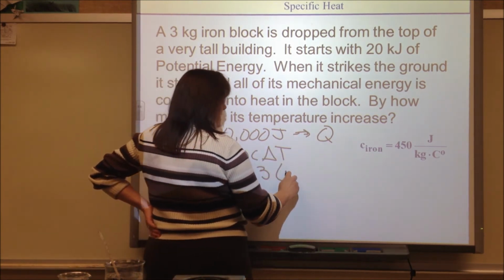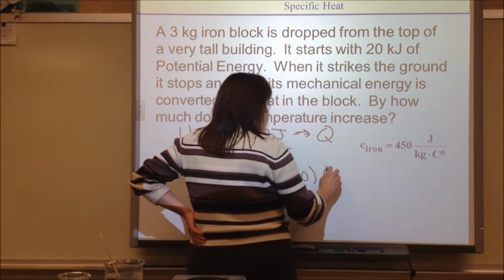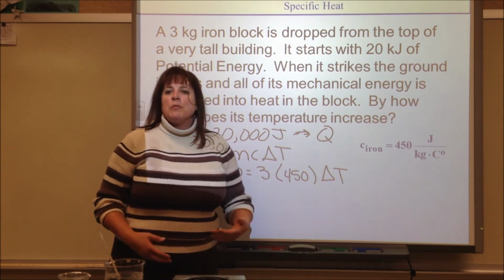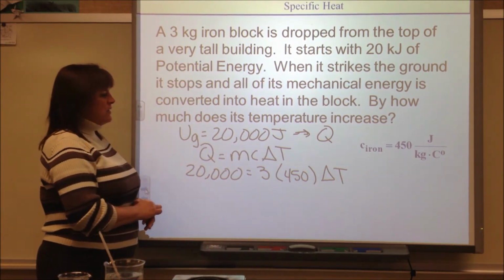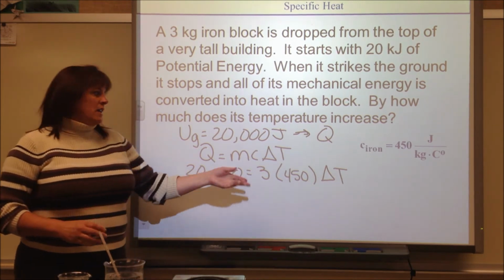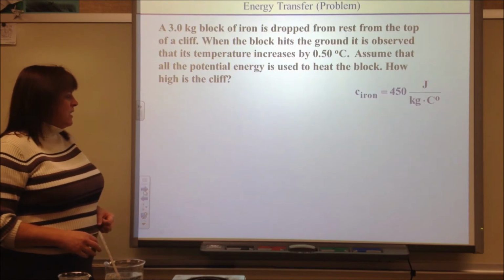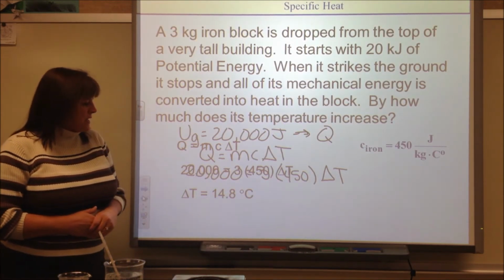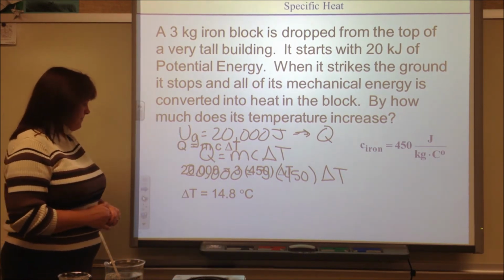We have a specific heat of 450, and what we're trying to find is how much the temperature increases by. So if we take 20,000 and divide by 3 and 450, we will find that the temperature increases by 14.8 degrees Celsius.